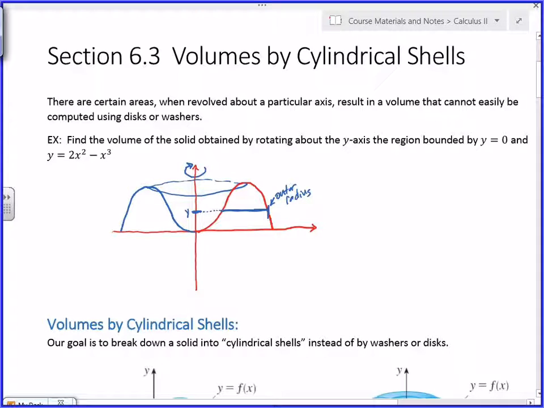And this distance in here, from here out to there, is the inner radius. The problem now is the outer and the inner radius are both from the same function. Instead of an f on the outside and a g on the inside, you're going from one part of one function to the other part of another function.